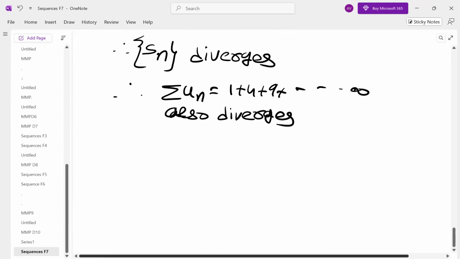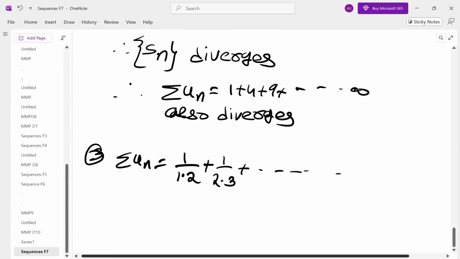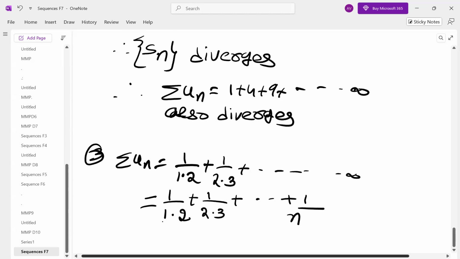How to work out? Third one. The series is 1 by 1 into 2, 1 by 2 into 3, and so on. We have to find the nth term. So what is the nth term of this series? 1 by 1 into 2, 1 by 2 into 3, and so on. In the first factors 1, 2, 3, the difference is 1.